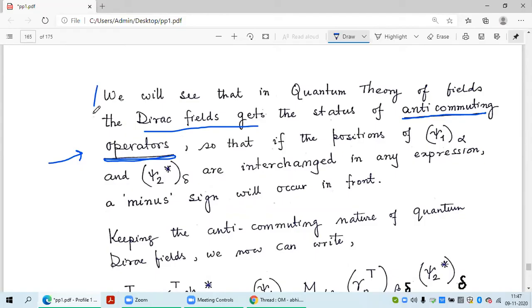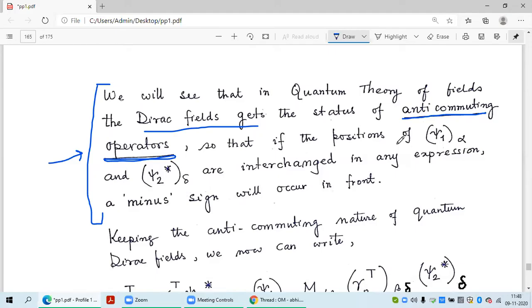So we are using this result that fermionic operators in quantum field theory, Dirac fields, when they become operators, always anti-commute with each other, any other field, and also with itself. If a field anti-commutes with itself, it means psi is equal to 0. That means two particles can't be in the same state. So this interpretation you will see later.